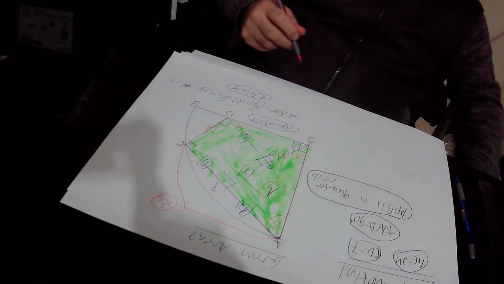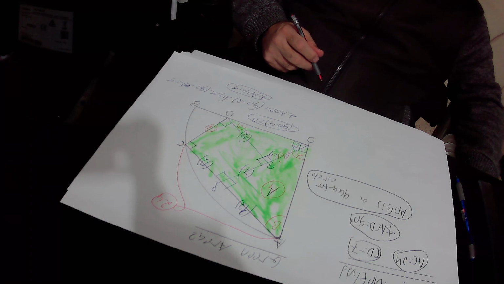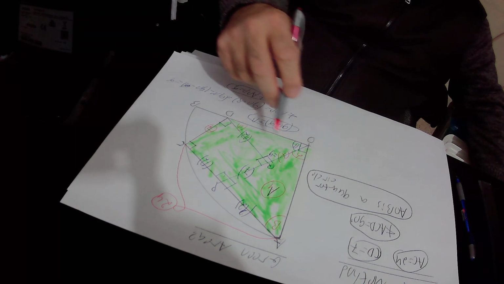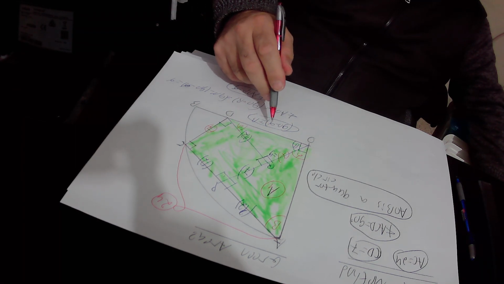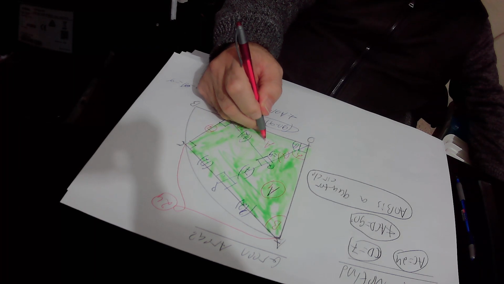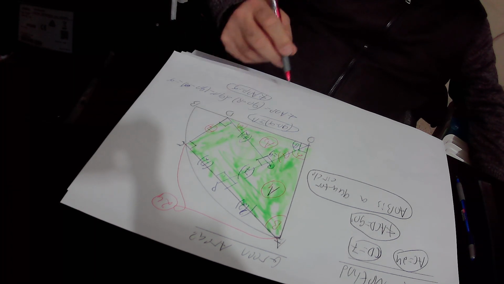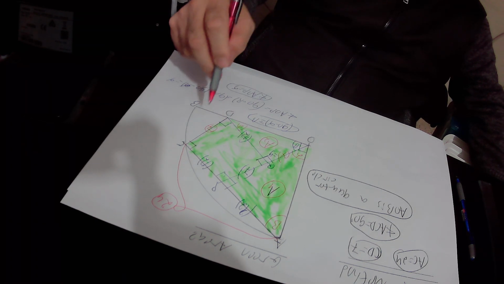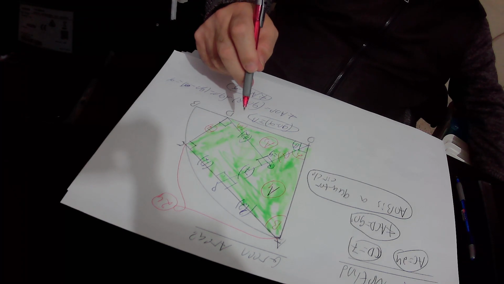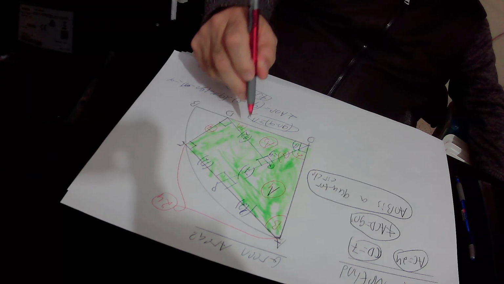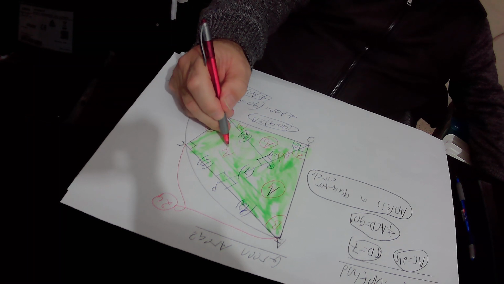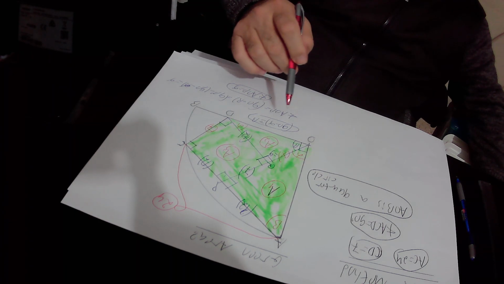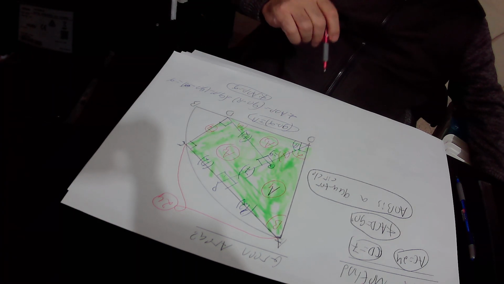The second part of this green shape is the right triangle OQD. We will define the area of OQD as A2. And finally, the third part is the rectangle PCQD. We define the area of rectangle PCQD as A3. It is very clear from the drawing that the total area of the green shape must be equal to A1 plus A2 plus A3.